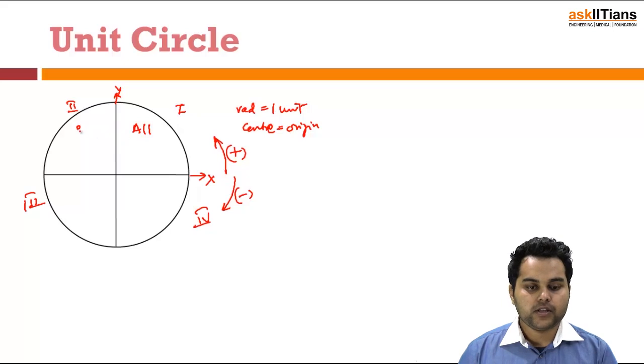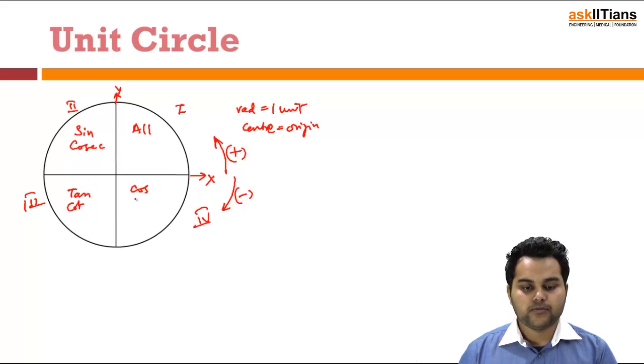In the second, only sine is positive and its reciprocal cosec. In the third goes for tan and cot, reciprocal of tan, and in the fourth, that gives me cos and its reciprocal sec. We'll come to how we define these and why they are positive in each of the quadrants, and in the first quadrant all of them are positive.